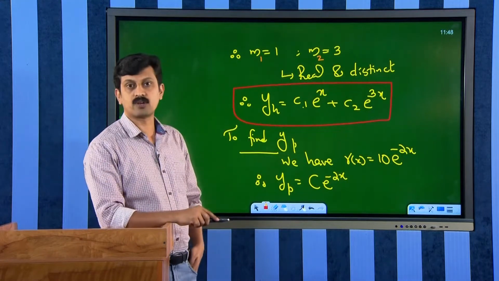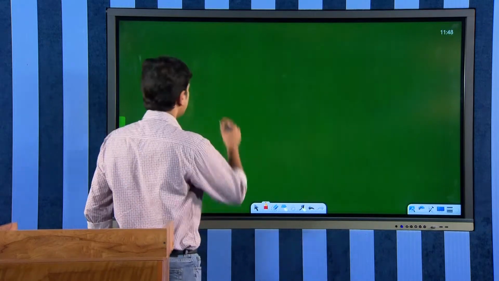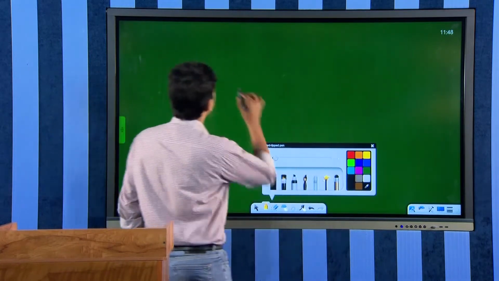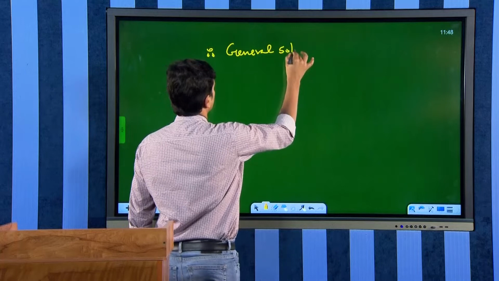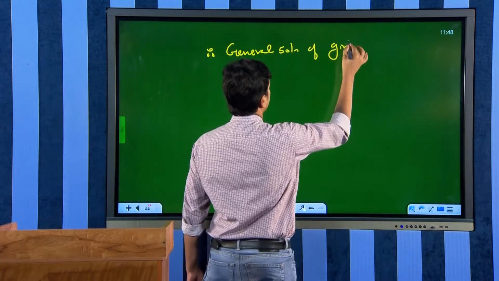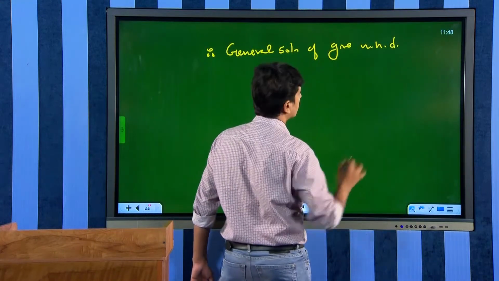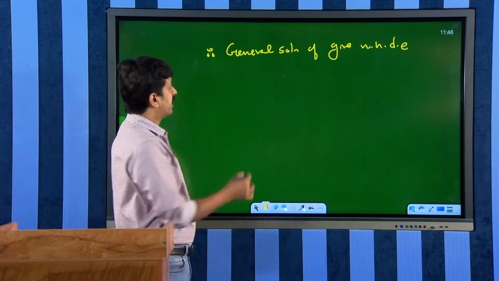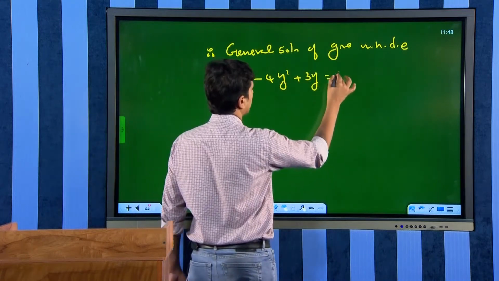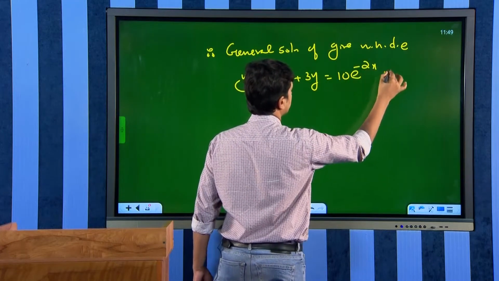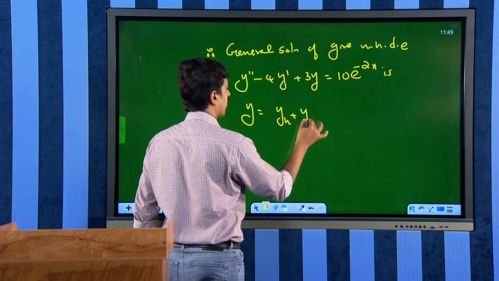Therefore, the general solution of the given non-homogeneous differential equation y double dash minus 4y dash plus 3y is equal to 10 e raised to minus 2x is y is equal to yh plus yp.